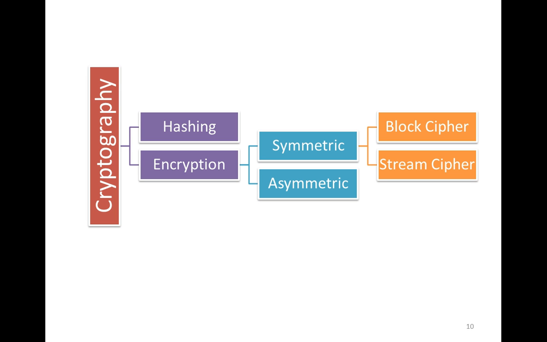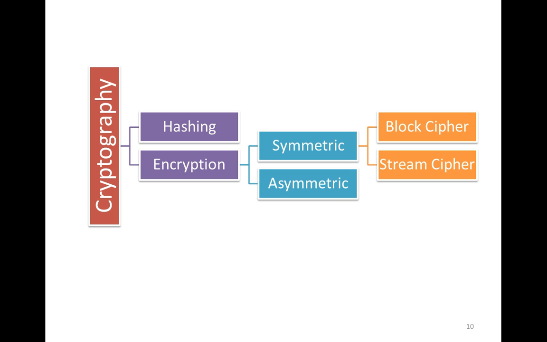Now we look at the cryptography literature for the purpose of our discussion. In a very simplistic view, there are two parts. The first part is called hashing. The second part is called encryption. Under encryption, you have symmetric and asymmetric encryption, and further down, under symmetric encryption, you have block cipher and stream cipher.